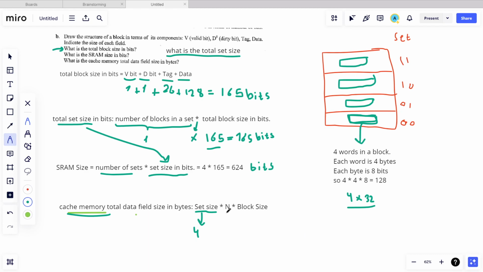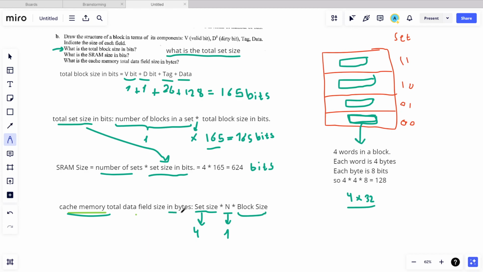And n, we already said n is 1. How do you know that n is 1? We said n means number of blocks in a set, and as you can see, one block in one set means that n is 1, because there is only one block in any set. And then block size.